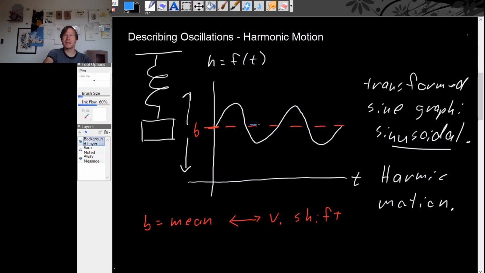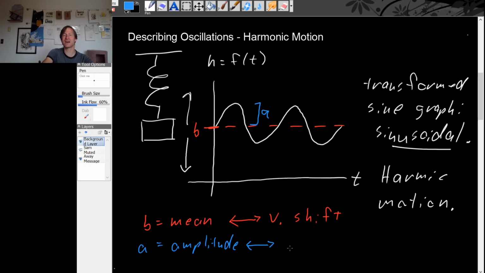The distance from the middle of the oscillation to the top, that's what we call the amplitude. So A is the amplitude. And for an untransformed sine graph, that would be 1. But, you know, your mass bobbing up and down probably won't go up and down exactly 1 unit.